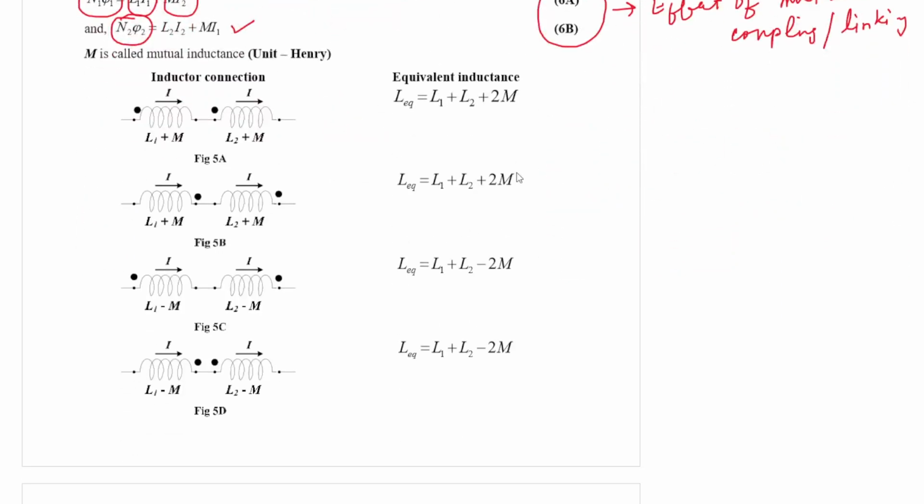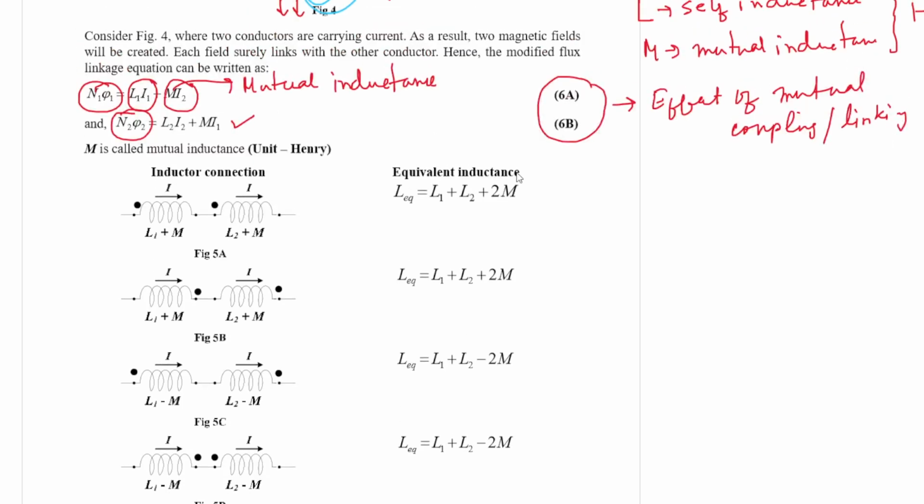Also now we have some diagrams. Let us say two conductors are connected in series. Now how is the equivalent inductance formed? These black dots are the polarity of the potential at any instant.